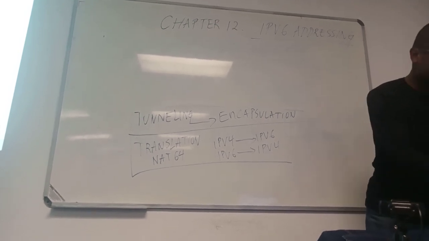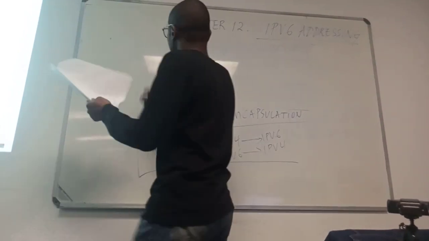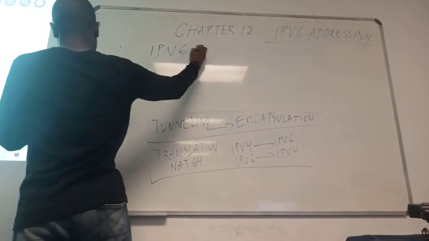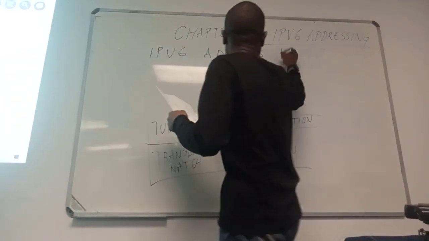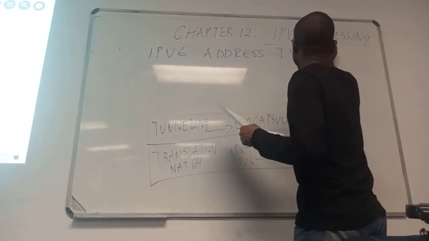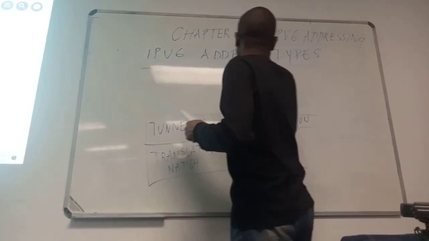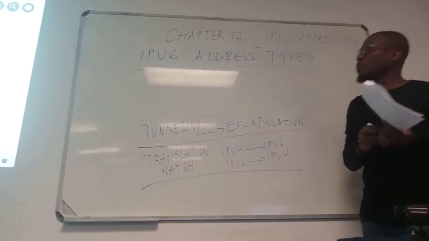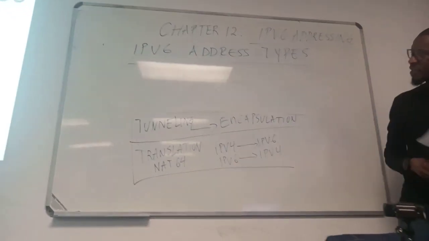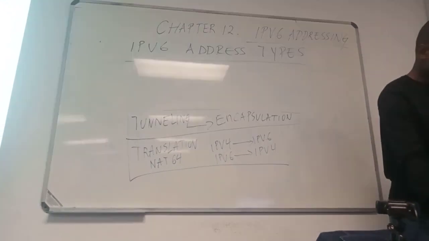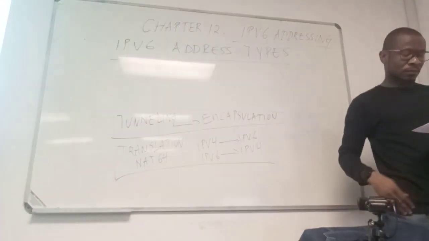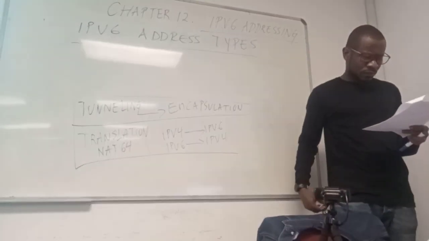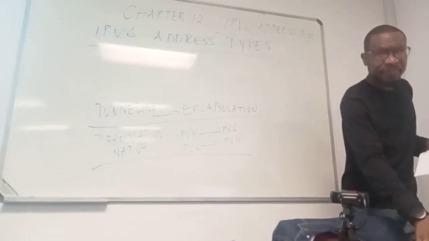Now we are going to talk about IPv6 address types, right? There are three.